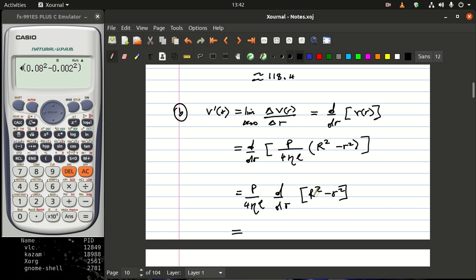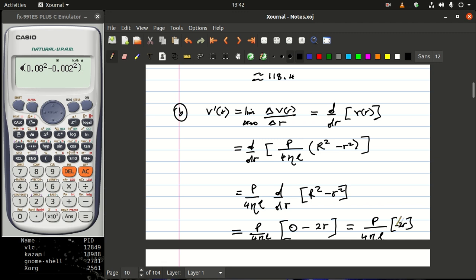So if that is the case, because this one is always going to be constant, it's not going to change, we're still going to end up having p divided by 4 eta L, and then inside here the derivative of this is going to be 0 because this is not changing, it's a constant, but this one is the one that is changing, so you end up having minus, and then you bring the 2 down, you have your r, and then you subtract a 1, and then you're left with a 1. Or simply put, you are actually having p divided by 4 eta L times minus 2r.